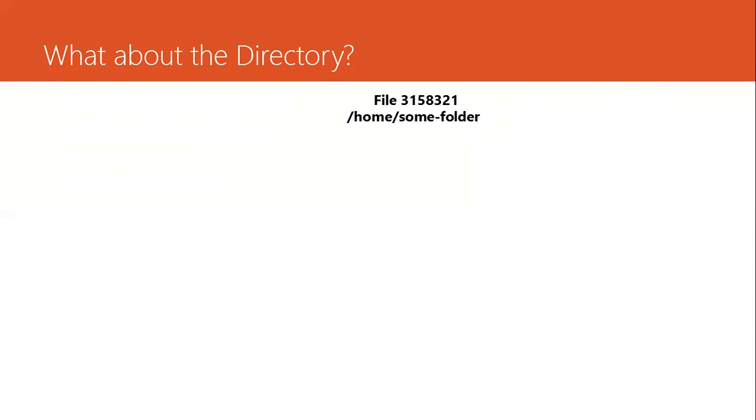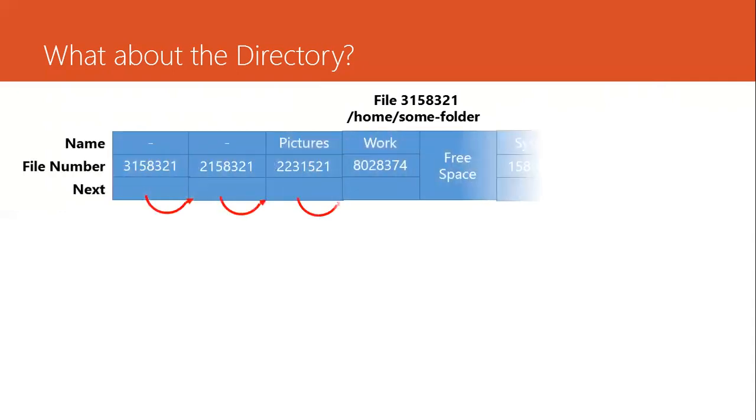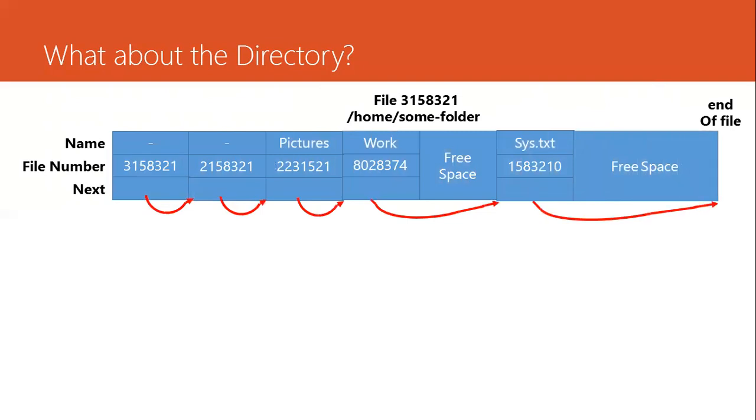And you start searching through the file linearly until you find, let's say, your desired directory /home/some folder/work, which is assigned the file number 8028.374.